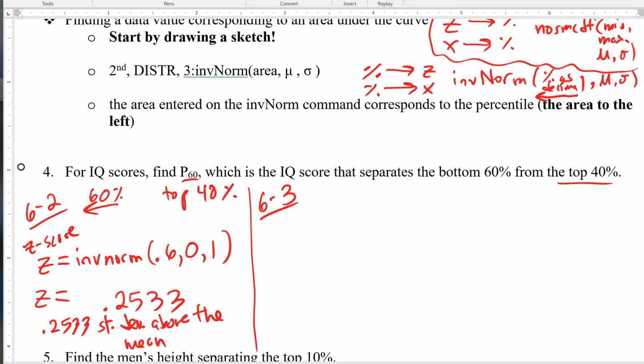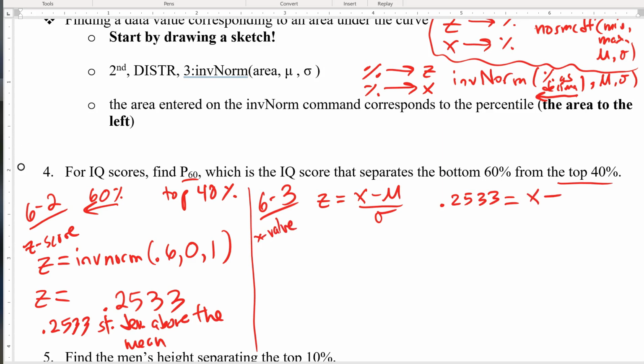Well, there's a couple options. I could take the formula for z, and I can fill in what we know. We just figured out the z-score is equal to, we don't know the x this time. That's the score we're finding. We want the x value. So leave that blank.